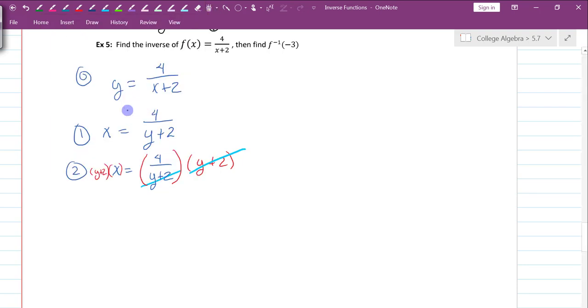So I end up over here, I have y plus 2 times x is now equal to 4. I'm going to distribute my x to both the y and the 2. So I end up with, multiplying it to both, xy plus 2x is equal to 4. My objective is to solve for y, so I need to get my 2x over.